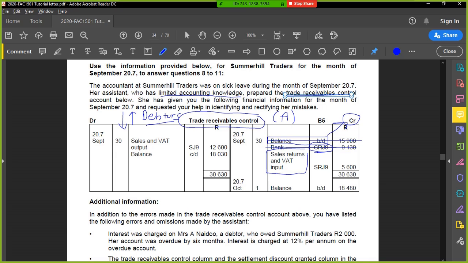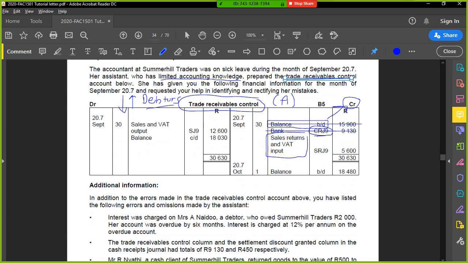As an expense. Yes. If you think about it, you would have debited debtors and credited sales when you sell. And when you get the return back, you do the opposite.